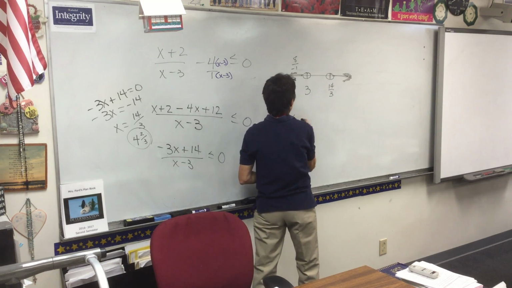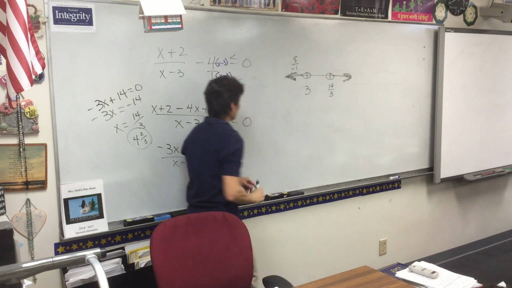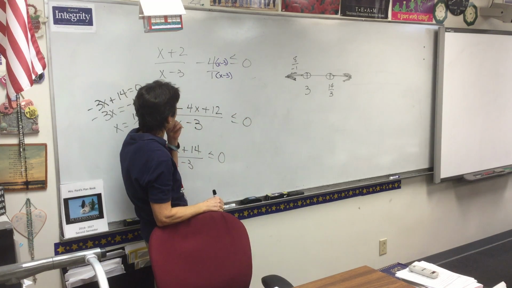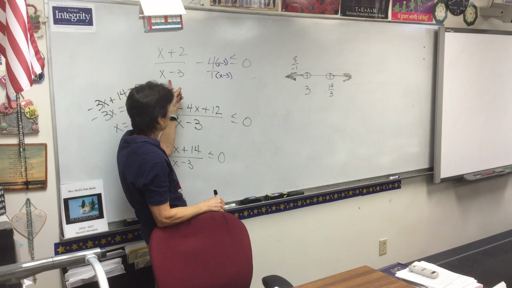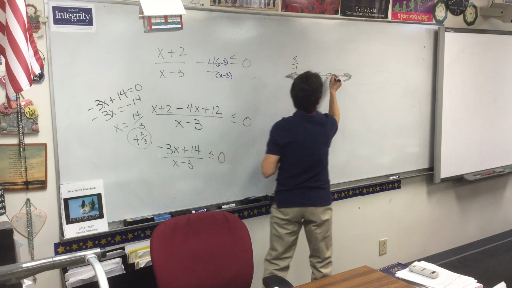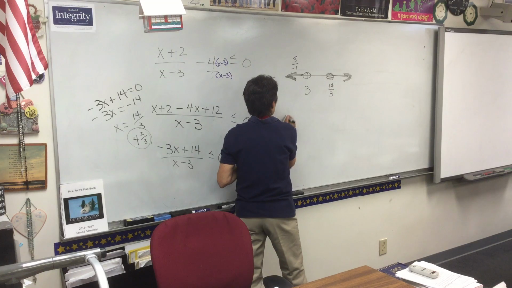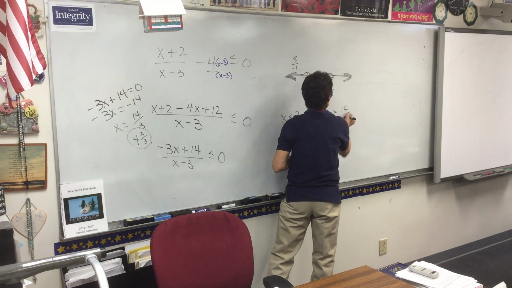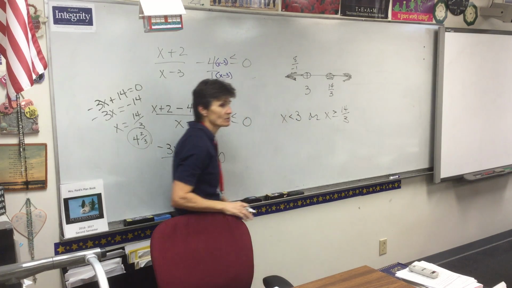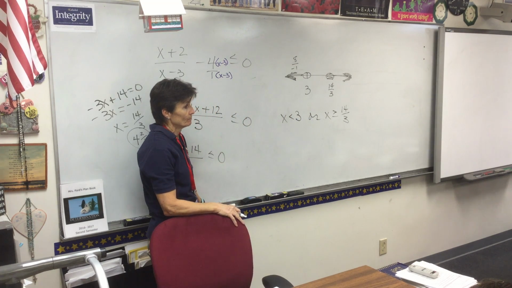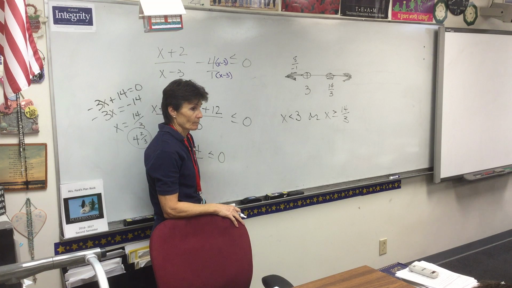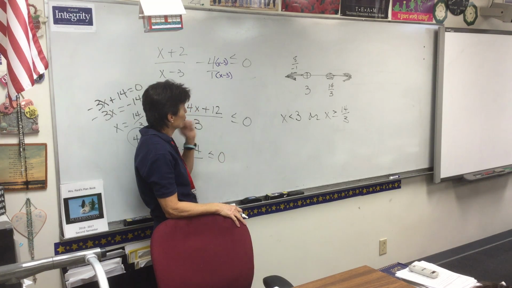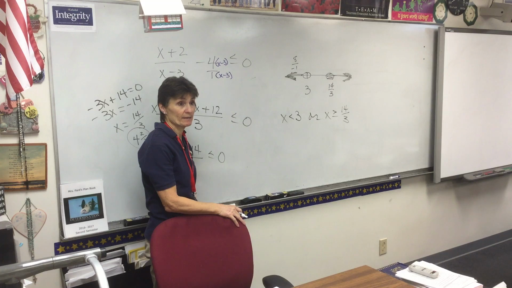So my answer, oh wait. Were some of these dots supposed to be colored in? Yeah. Okay, but be careful. They're not the denominator. That one can't be. So the 14/3 is shaded in. So x is less than 3 or greater than or equal to 14/3. That is a monster problem. What'd you plug in, -2? I plugged in 2, but I could have plugged in -2.